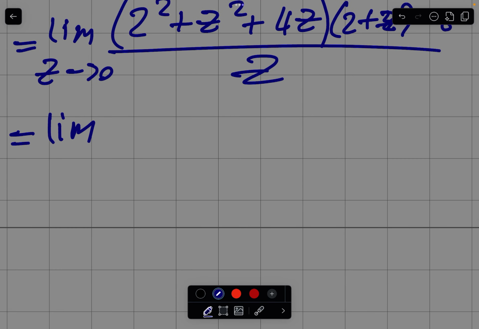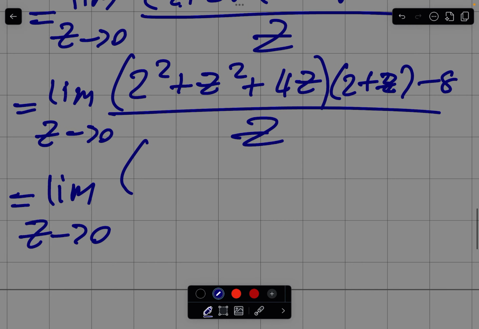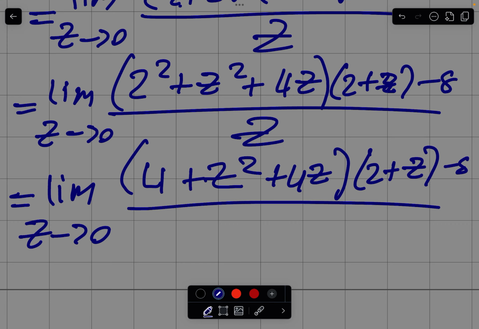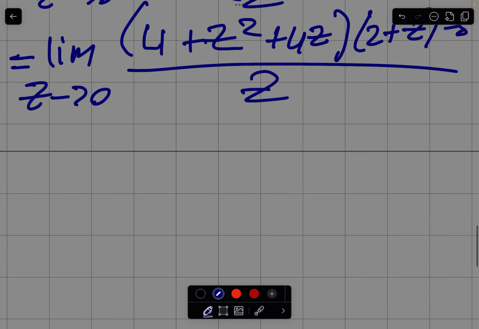Don't leave the limit before you substitute. Therefore, we're going to have (4 plus z squared plus 4z)(2 plus z) minus 8, divided by z, with the limit as z approaches 0.